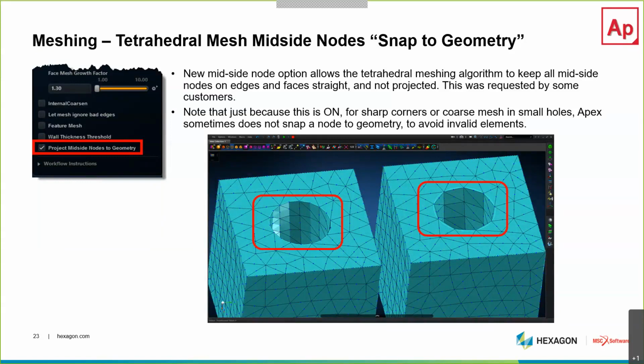On the left-hand side, if you check that box and then mesh your part, the mid-side nodes will actually snap to the geometry that's provided. Okay, so a little bit more dial, and you can dial in your mesh the way you want it to.